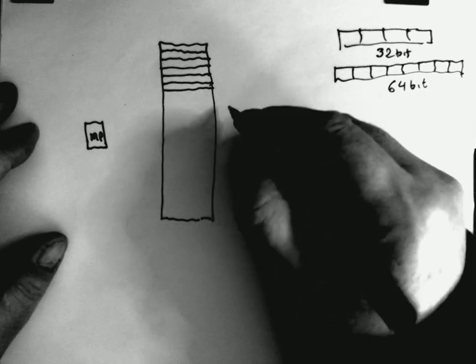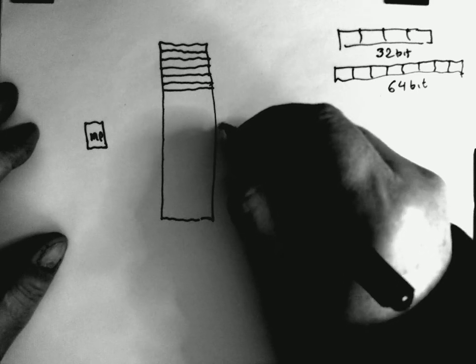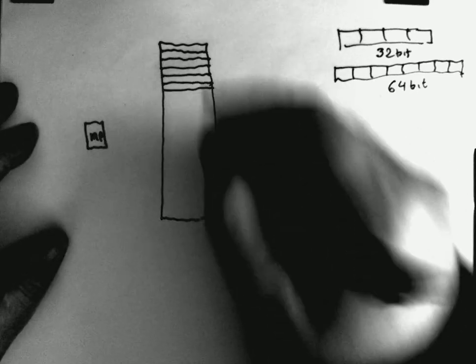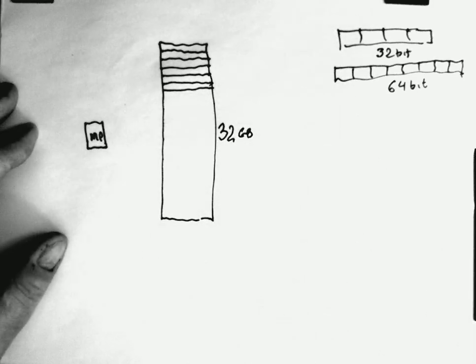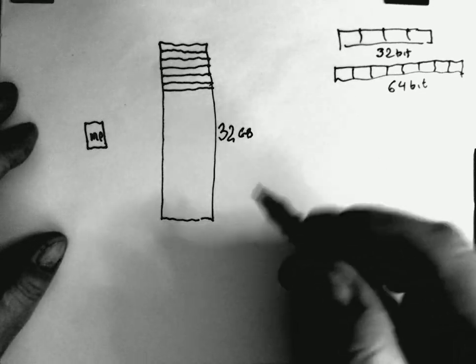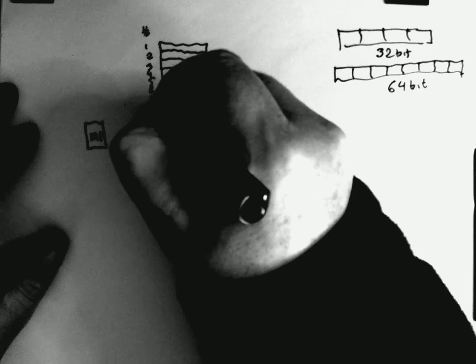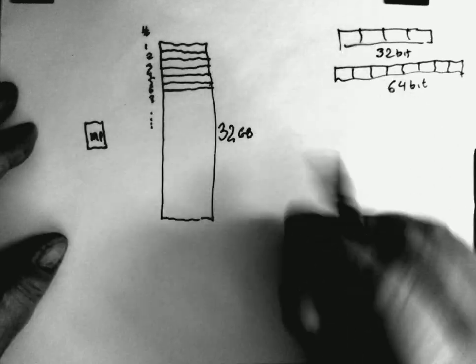How many memory cells are there? Usually for a good computer now, it could be 32 gigabytes of total memory. Computer memory has a number for each cell. So I'll put numbers here: 1, 2, 3, 4, 5, 6, 7, and so on.